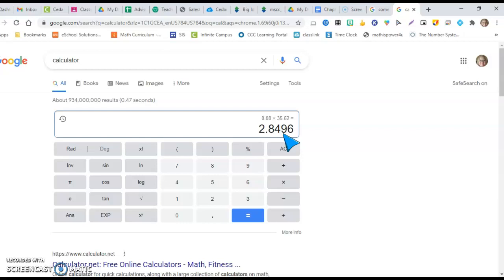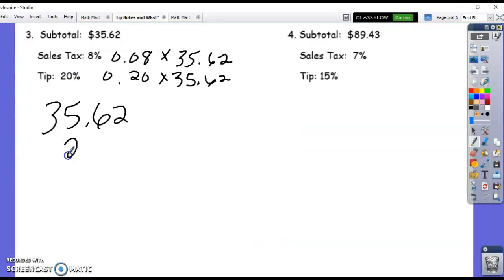If it's 5 or higher, you're going to round the 4 up to the next penny, which would be 5. If it's 4 or lower, this 9, then you're going to leave it as is. It's 5 or higher, so I'm going to round it up to the next penny. So this would actually be $2.85. So I'm going to write $2.85. And then I'm going to go ahead and figure out my tip.